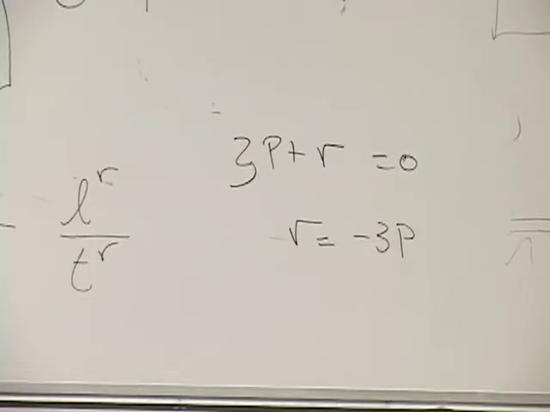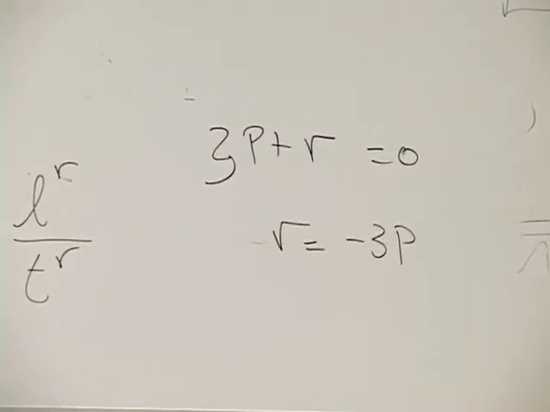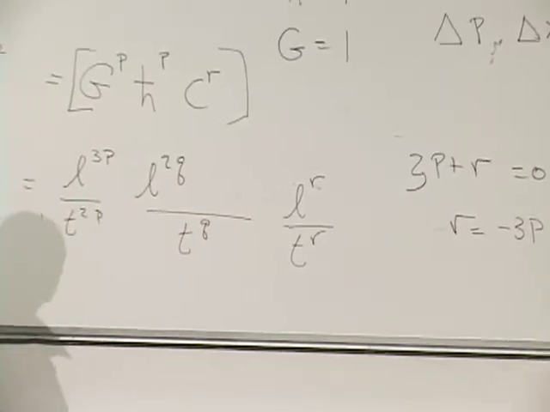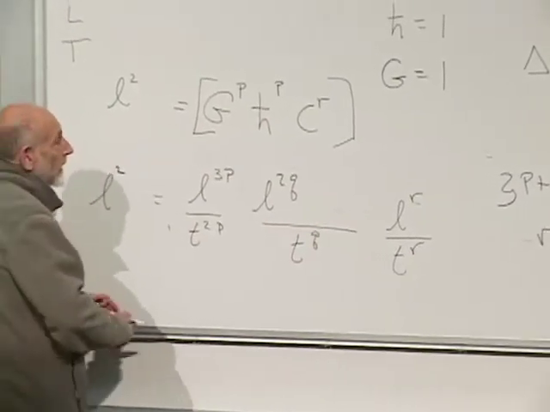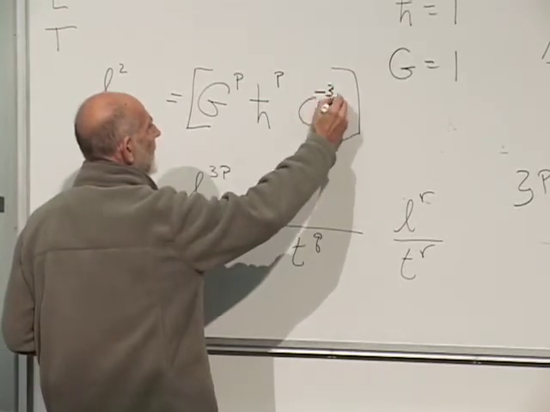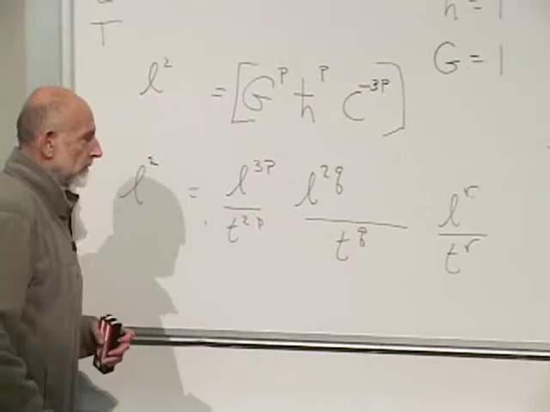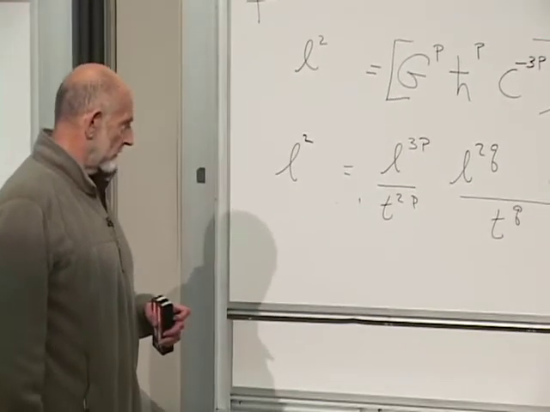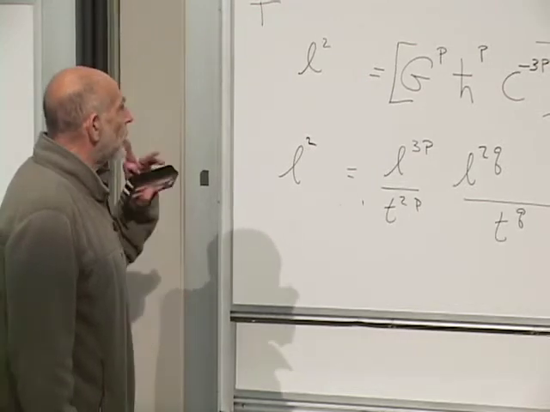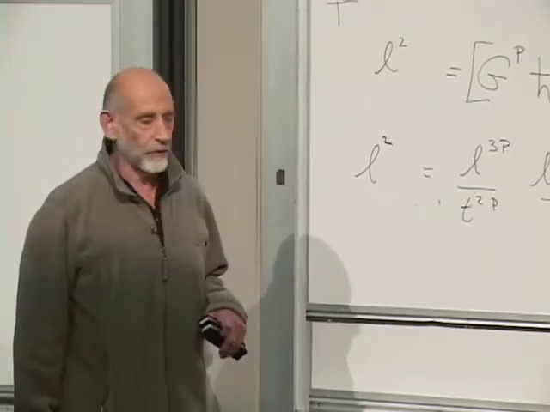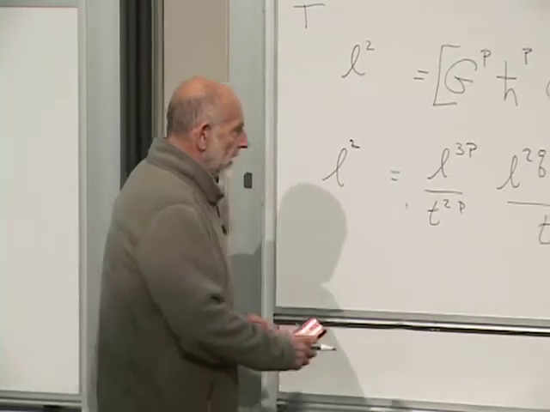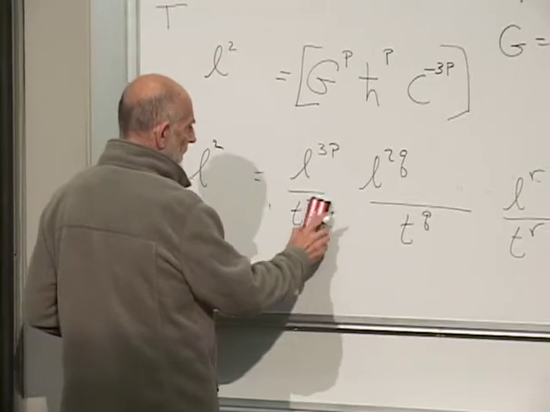Did I do that right? Yeah, but q is p. We've already figured out that q is p. So I think we can get rid of all the t's.